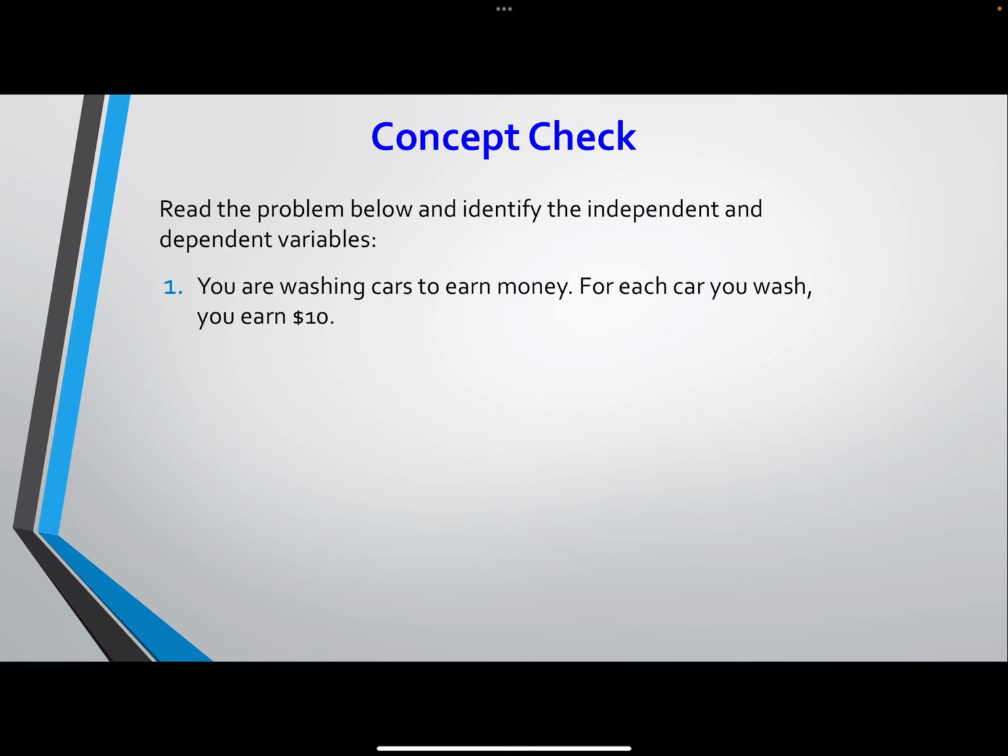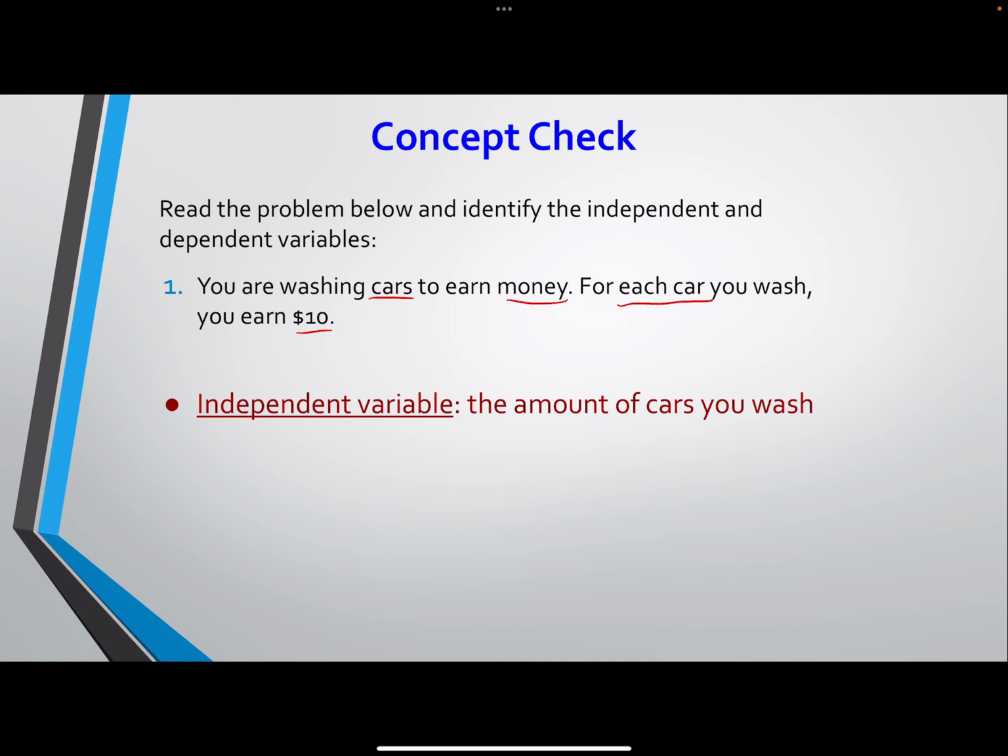So, a concept check. Read the problem below and identify the independent and dependent variable. You're washing cars to earn money. For each car you wash, you earn $10. So, what's the independent variable? The amount of cars you wash. What's the dependent variable? You want to see how many cars gives you how much money.